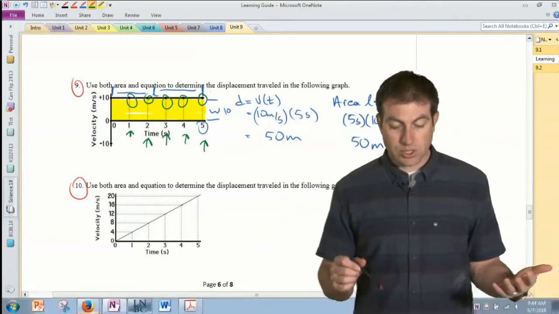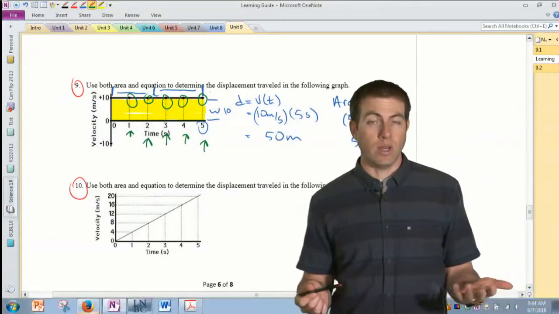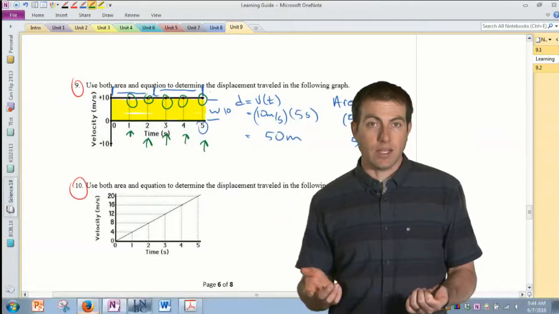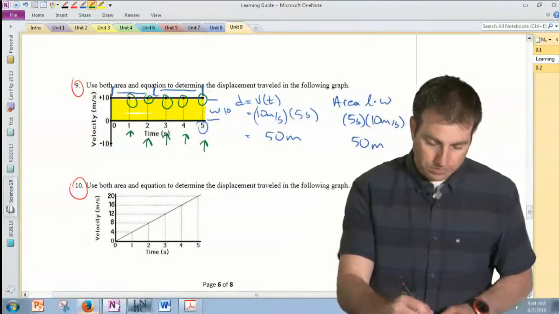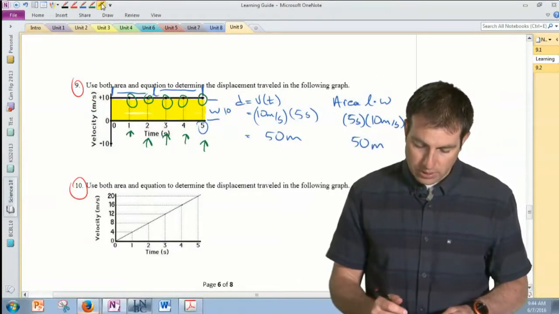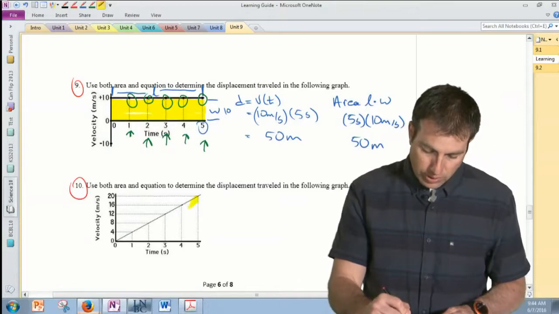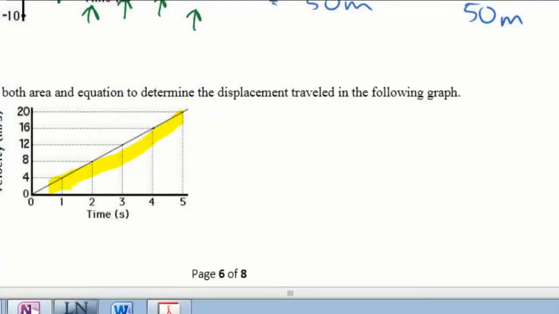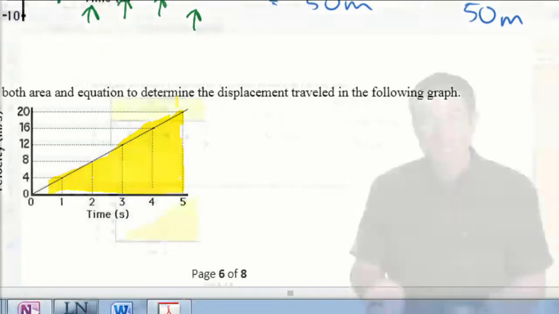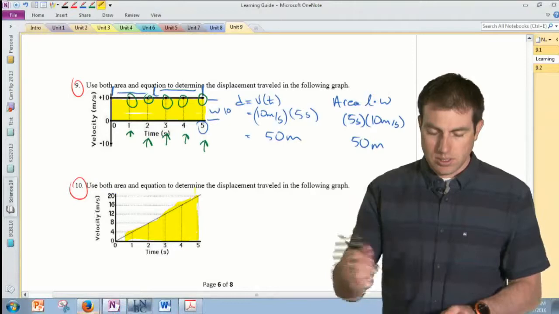The second question is the exact same question as the previous one, except instead of having a rectangle, now I have a triangle. So use the area to determine the displacement traveled. So I have this wonderful triangle here. And like I was just describing in the previous question, this one is accelerating because the velocity is increasing.